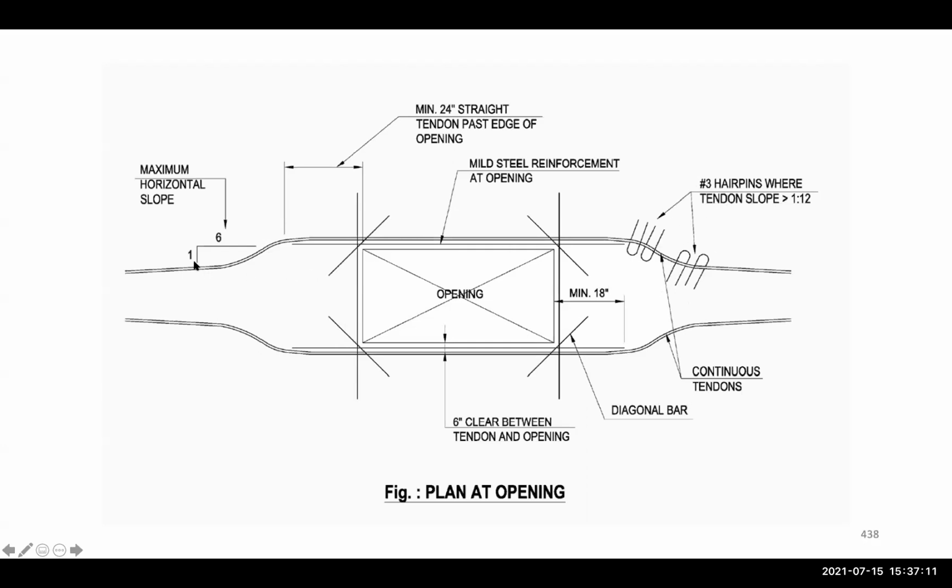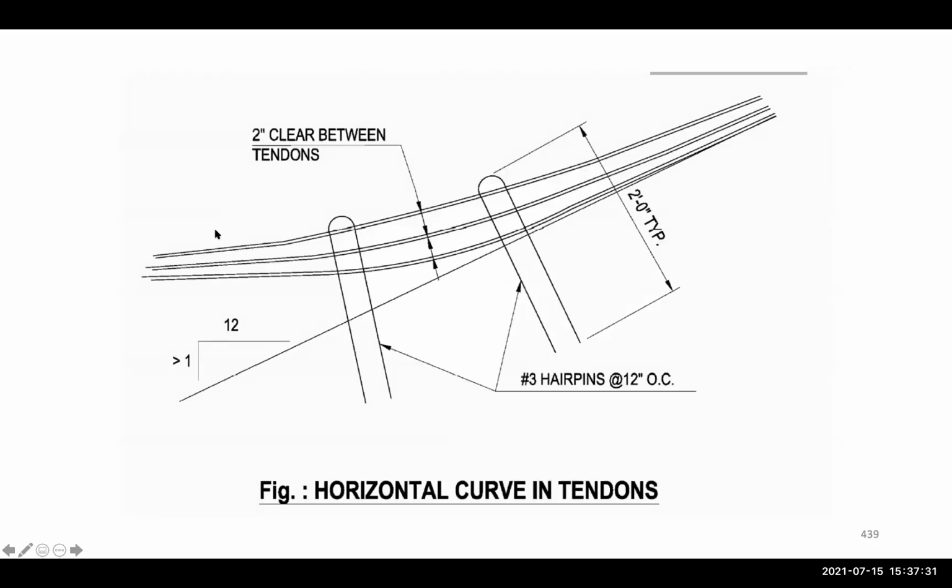So if the maximum horizontal slope is 1 to 6 here, and then here you can see the corner reinforcement, the diagonal bars that we talked about, and also this has to continue minimum 24-inch straight behind this point. Okay, this is for the curvature. For a curvature that's more than 1 to 12, we have to provide these.